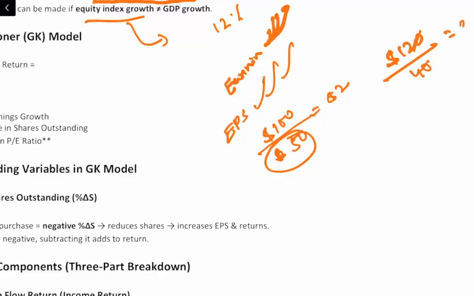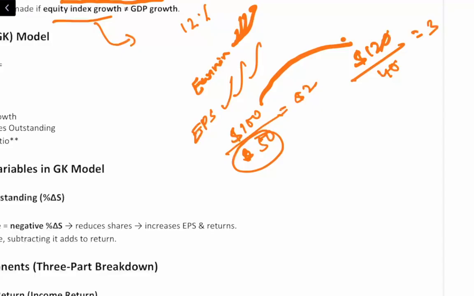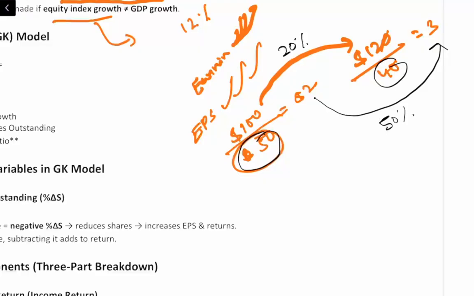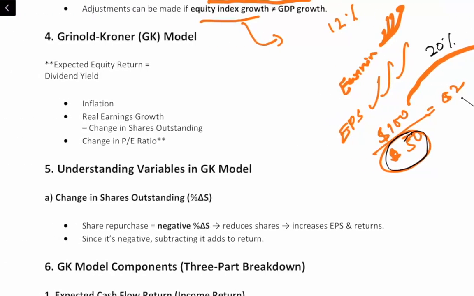So now what is the earnings per share? 3. So now you look at this figure: the increase of earnings is only 20%, but the earnings per share increased by 50%. Why? Because of the share repurchase, because of the number of shares left in the market.